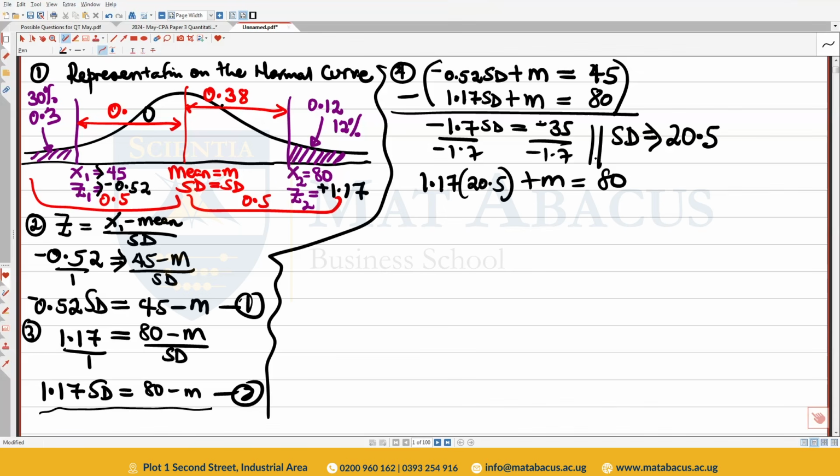The standard deviation is actually 20.6. 1.17 times 20.6 gives you 24.102 plus M is equal to 80. So M is equal to 55.89.